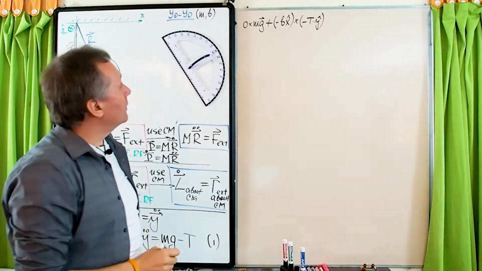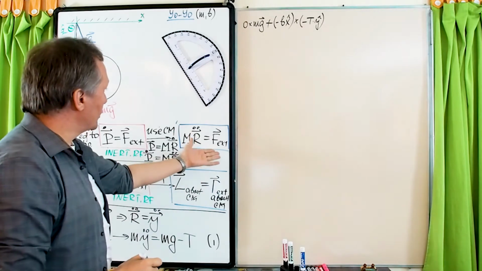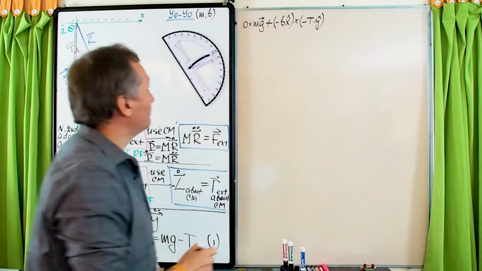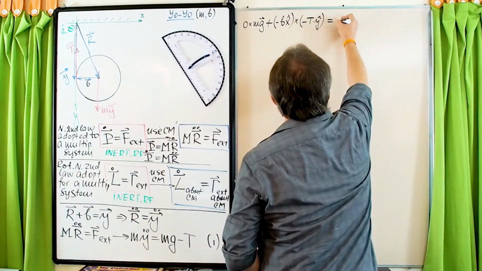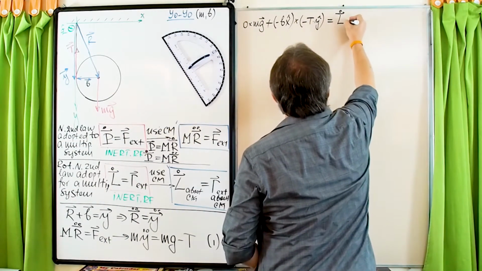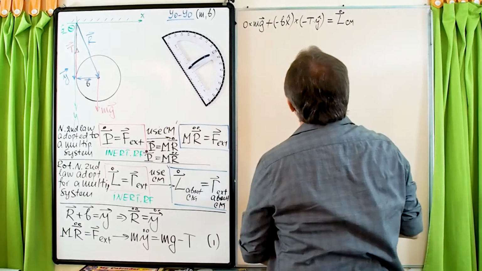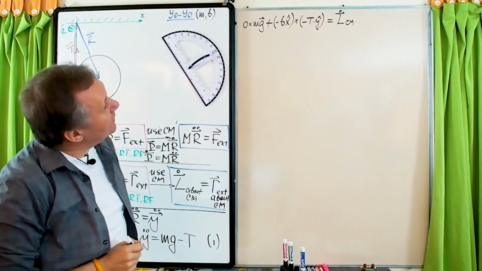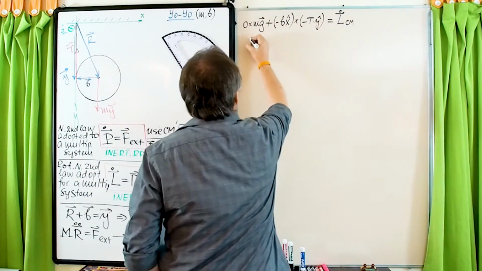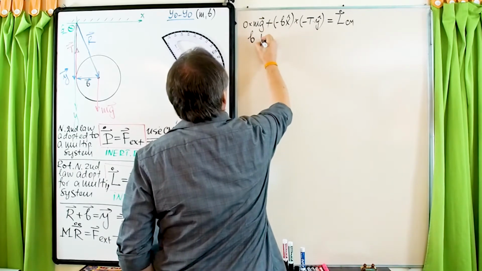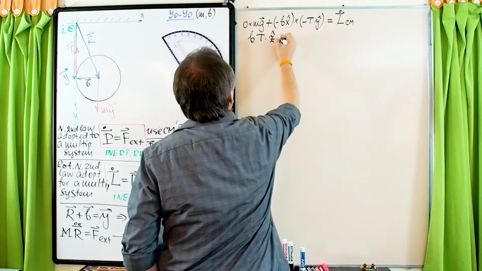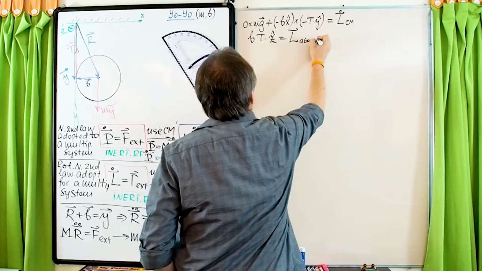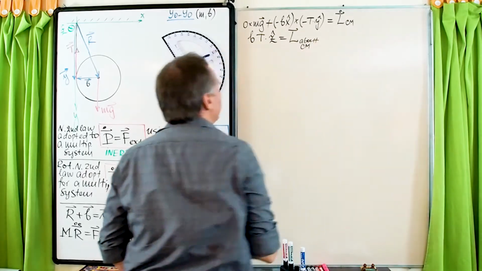And that must be equal to the rate of change of the angular momentum about the center of mass. We can calculate the cross product: x cross y is z. So it will be b T z hat equals the rate of change of the angular momentum about the center of mass.